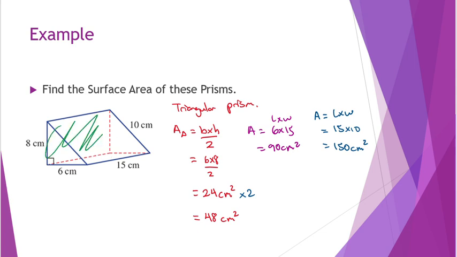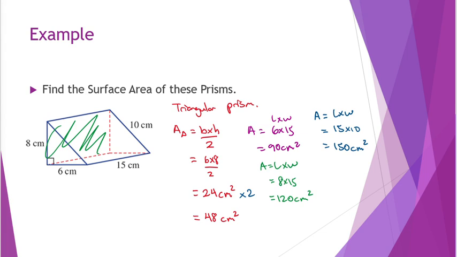So the back rectangle is length times width again, but it now becomes, let's see, 8 times 15, which is equal to 120 centimeters squared, okay? After that, you just add up all the areas.